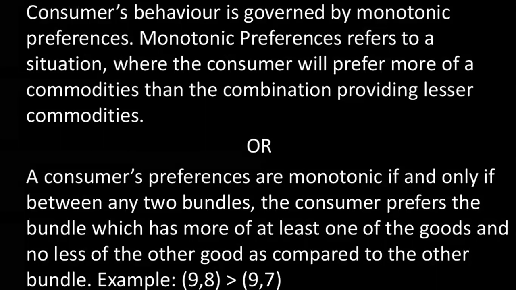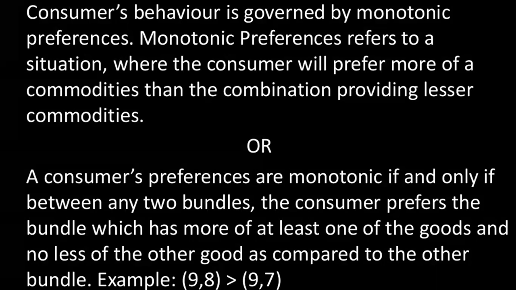Consumer behavior is governed by monotonic preference. Monotonic preference refers to a situation where the consumer will prefer a combination providing more of the commodities over the combination providing less of the commodity. In simple words, monotonic preference implies that as consumption increases, total utility also increases.